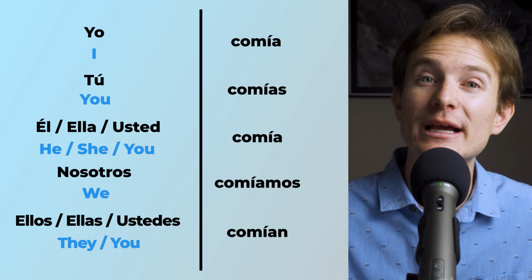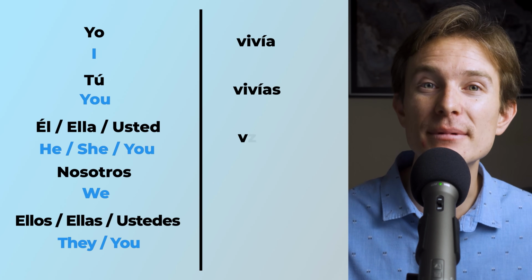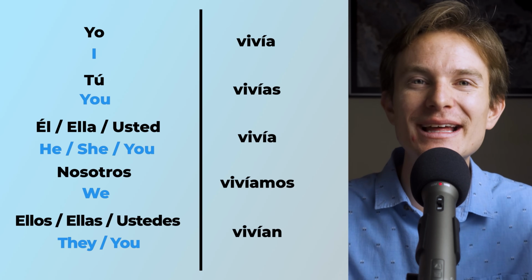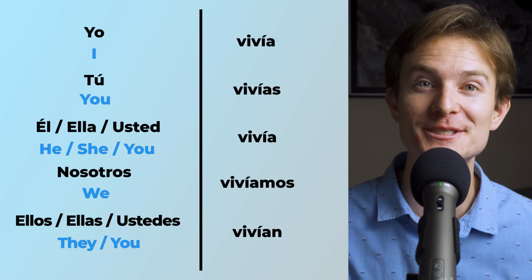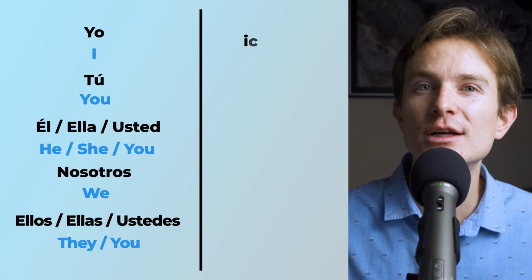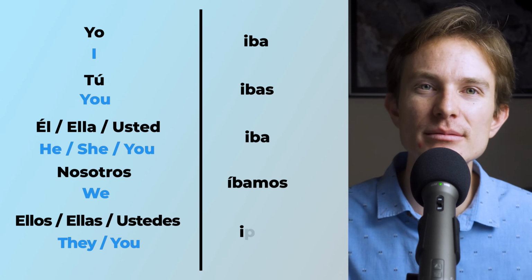Okay? Or a verb like vivir, IR, vivía, vivías, vivía, vivíamos, vivían. It is just following the pattern. That is really all there is to it. And the great news is that in the imperfect tense, there are only 3 irregulars. Ir, ser, and ver. So we would have something like yo iba, tú ibas, él iba, nosotros íbamos, ellos iban.